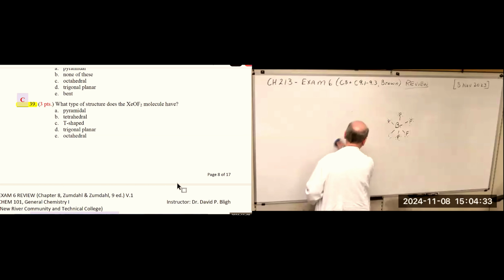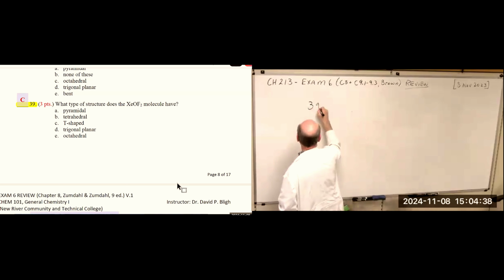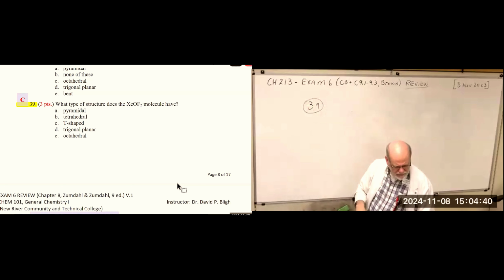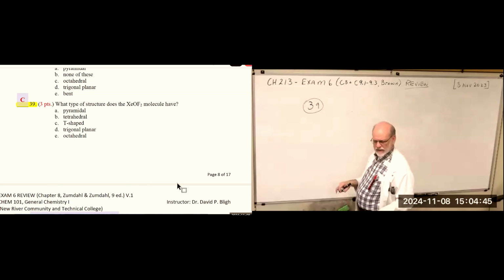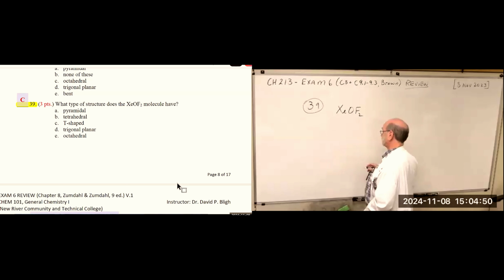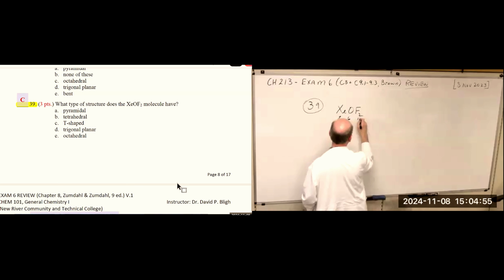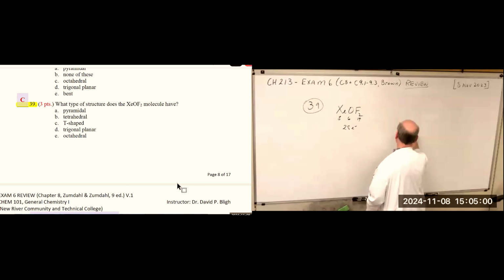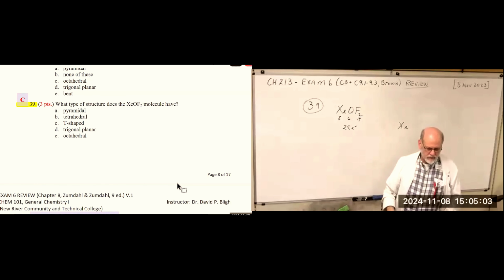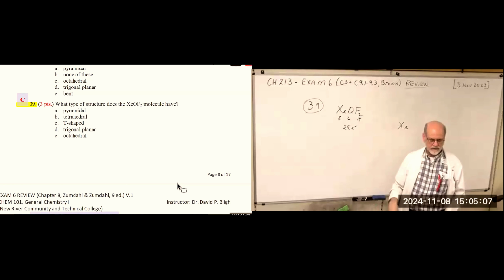39. Okay, molecular structure for xenon oxyfluoride. This has 8, this has 6, and 2 times 7 is 14. So that's 28. Xenon will go in the center. Whenever you make a compound with a noble gas, it always goes in the center.